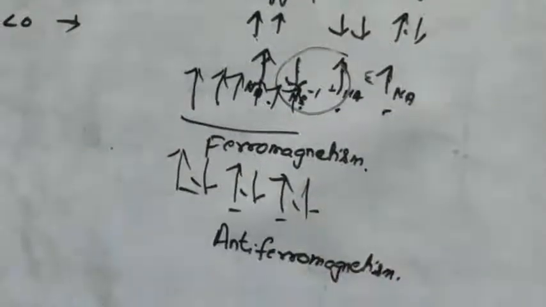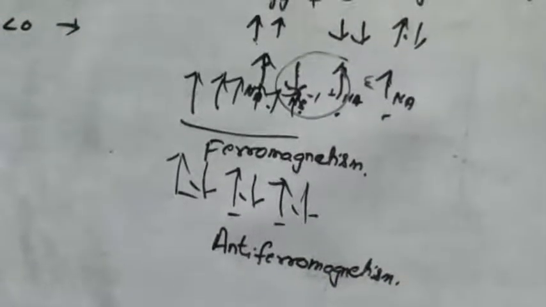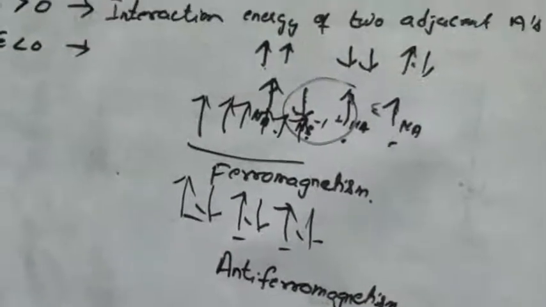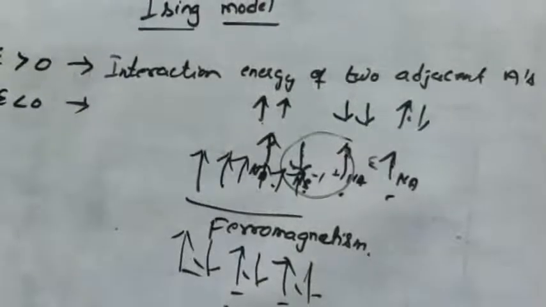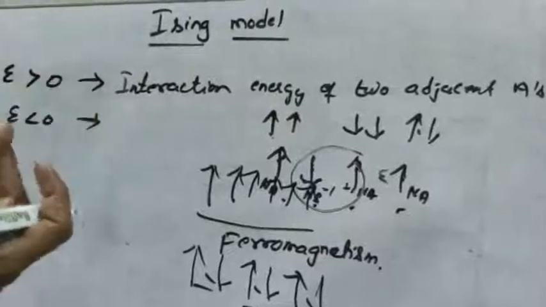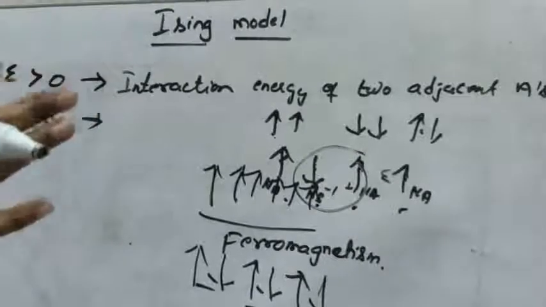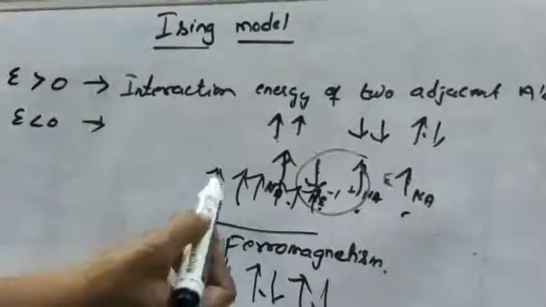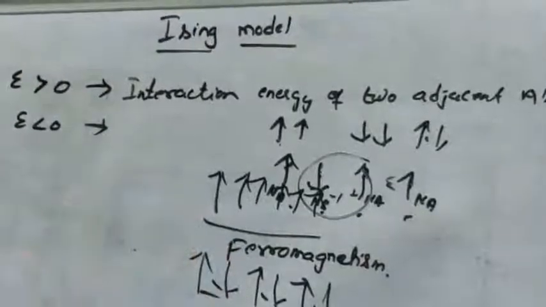This is about the Ising model. Once again, I am going to repeat. Today we have covered the Ising model. This model was given by Ising. The main aim of this model is to know the interaction energy between neighboring molecules.